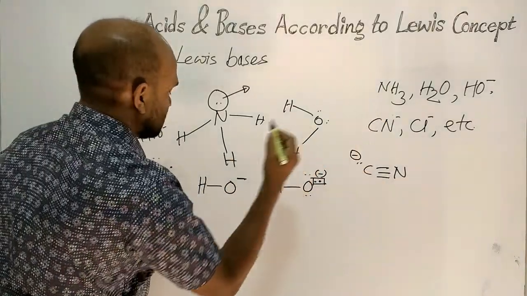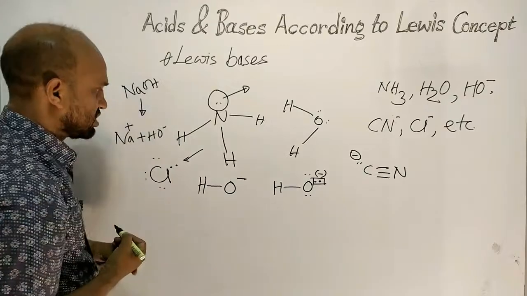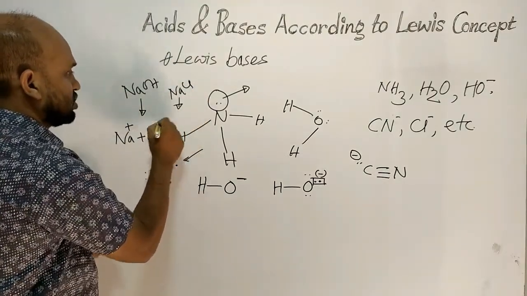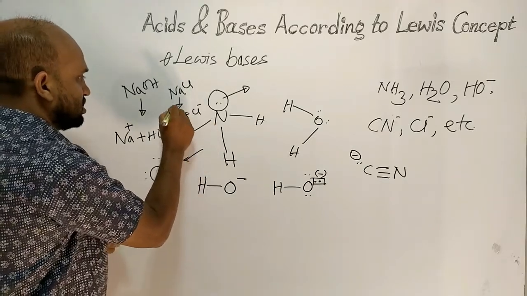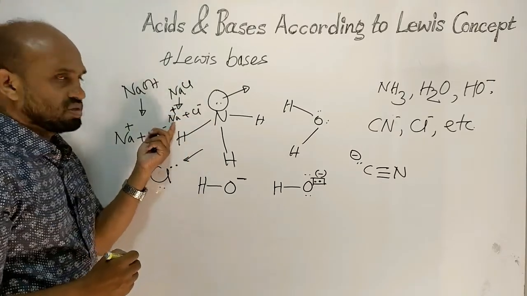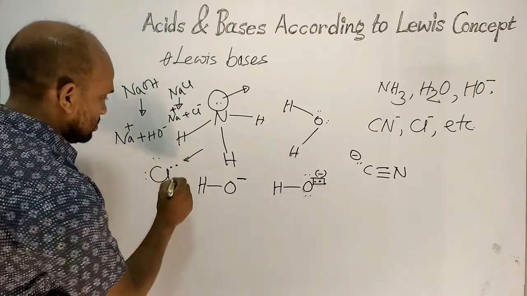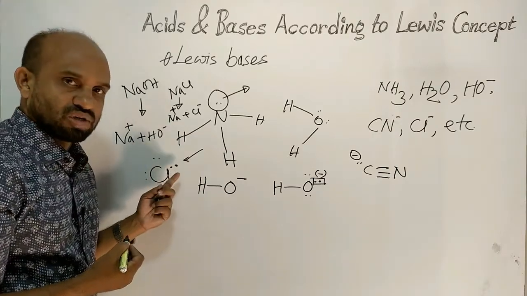So minus charge, that means another electron came from metal, like suppose sodium chloride. When it is dissolved in water, then sodium plus and chloride minus. That means sodium donated one electron to chlorine. That is why this electron is drawn here.